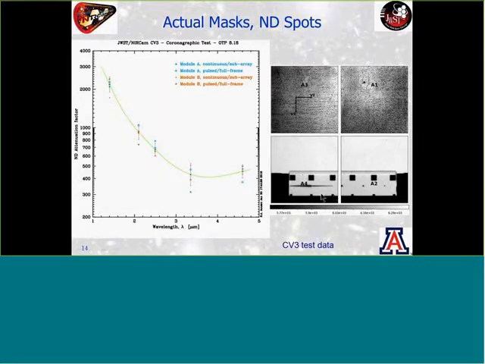These squares are neutral density spots that are used for target acquisition, and this curve over here shows that they're sort of neutral density. They're not totally neutral. They have higher optical density at short wavelength and then drop off as you go to longer wavelengths.